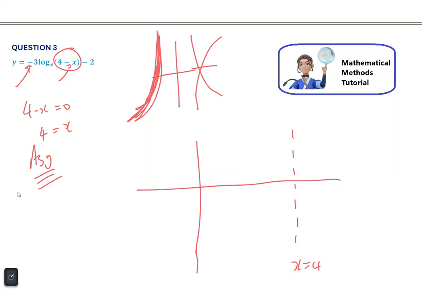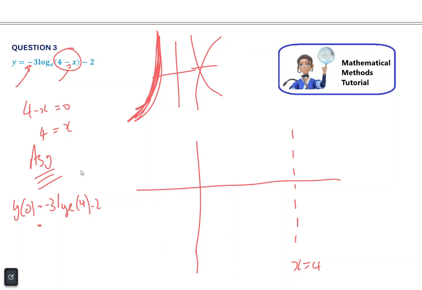I'd like to find the y-intercept. y of 0 will be negative 3 log base e of 4 minus 2. Definitely going to be a big negative number because this log base e of 4 is bigger than 1, so negative 3 times it is going to be bigger than negative 3, and then we're going to minus 2 from it.